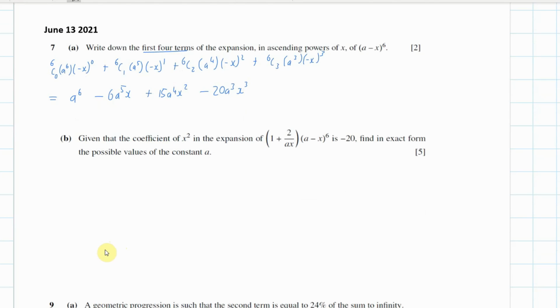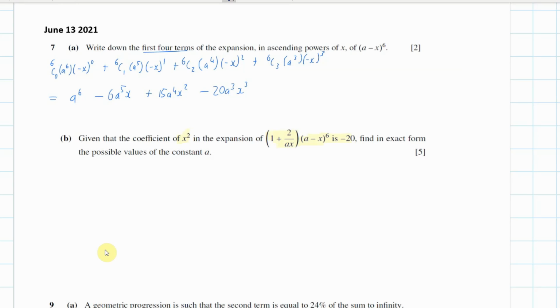The next one, given that the coefficient of x squared in this is 20, find the exact form of the possible constant values of a. That does not sound very nice. Okay. Well, x squared.